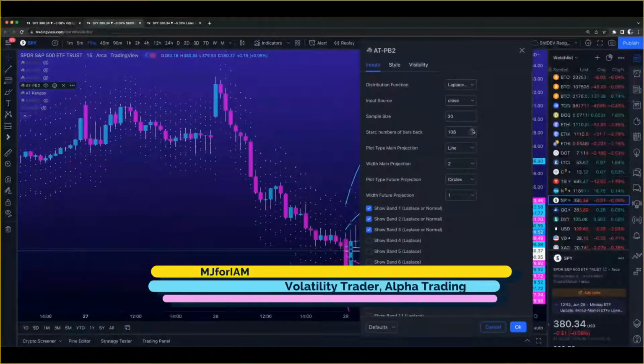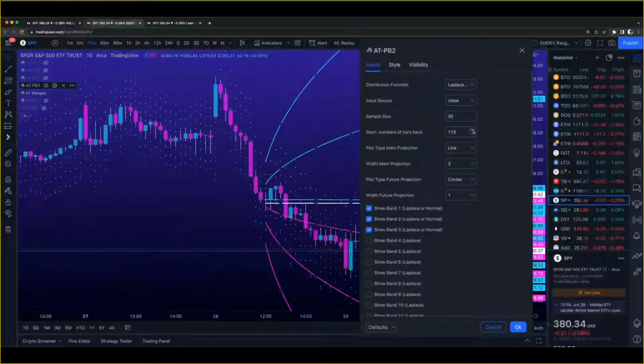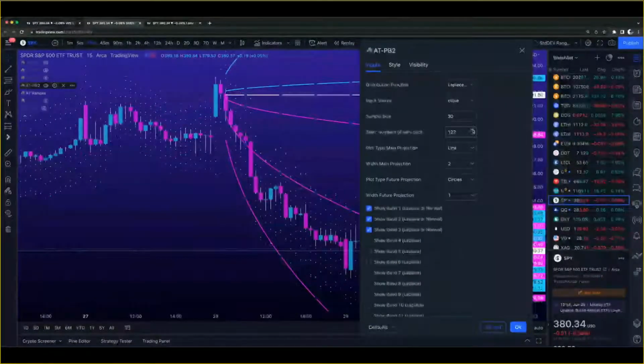You want to see, are we going back to the mean? Are we going back to a second or third standard deviation? You're at the end of that move, so you want to project where the future is going to be, possibly. So that's the point of it.